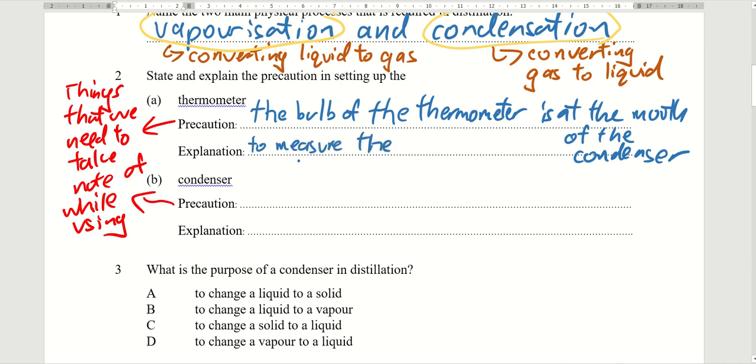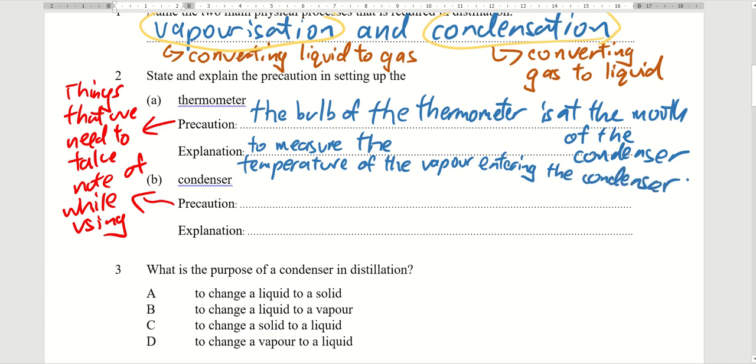So the explanation would be to measure the temperature of the vapor entering the condenser. When we do this, we are able to tell which liquid is going to be coming out, because the boiling points of the liquids are different, and we can identify the liquid based on the temperature alone.